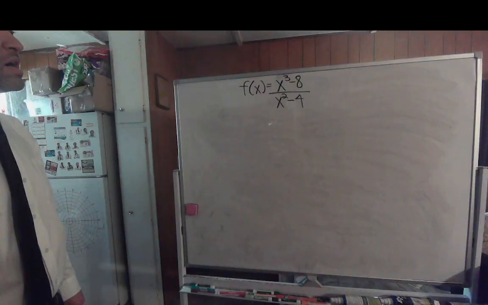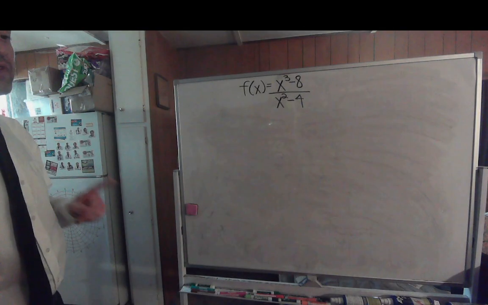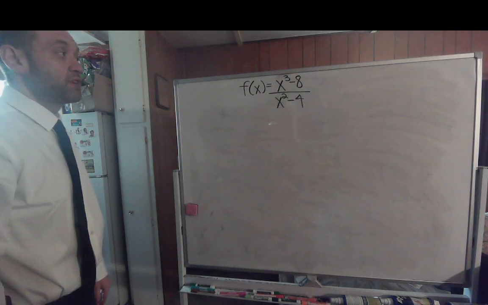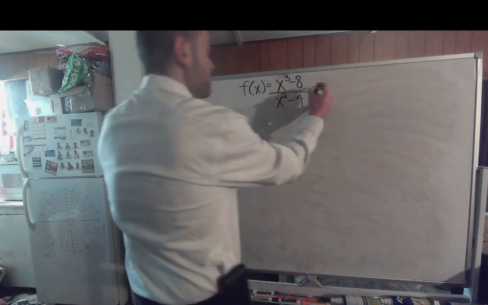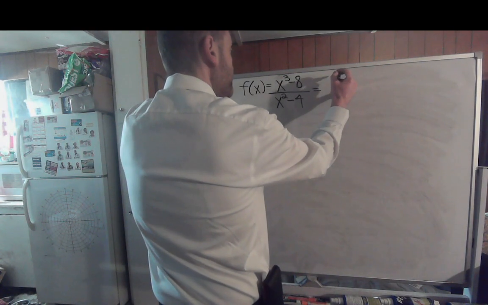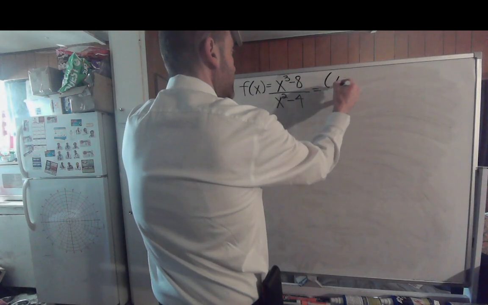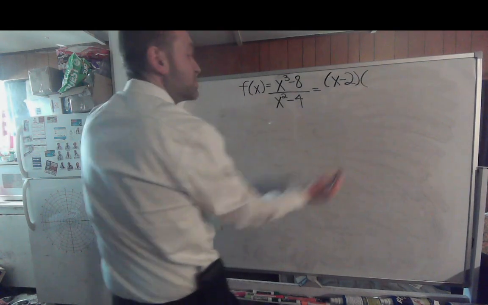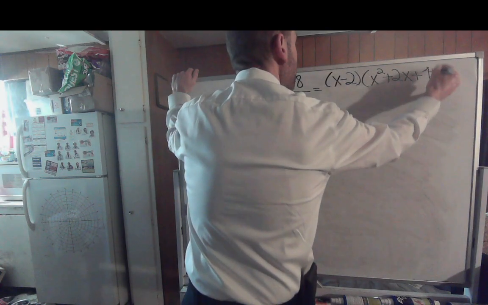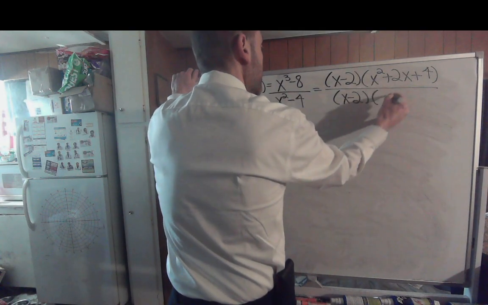So what we're going to do now is we're going to factor this. If you can factor, you may not have a slant asymptote. You very well may not. But let's go ahead and factor the numerator and denominator. So x cubed minus 8 would end up turning into (x minus 2) times (x squared plus 2x plus 4) all over (x minus 2) times (x plus 2).